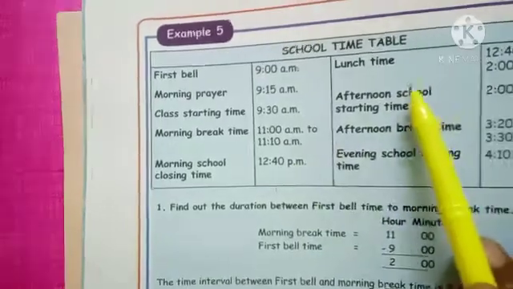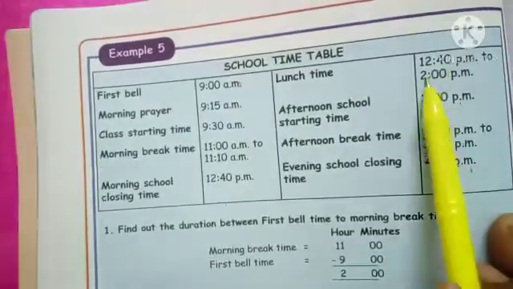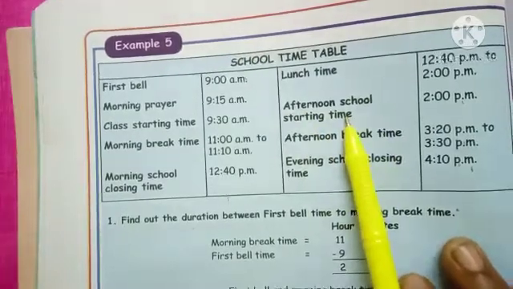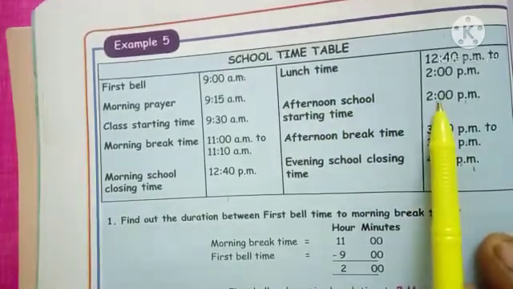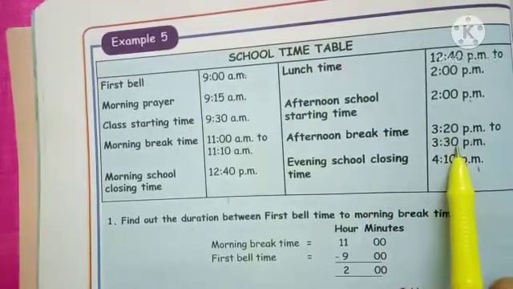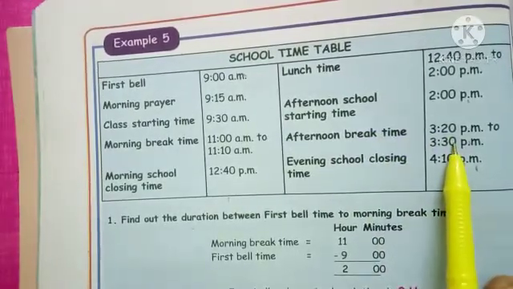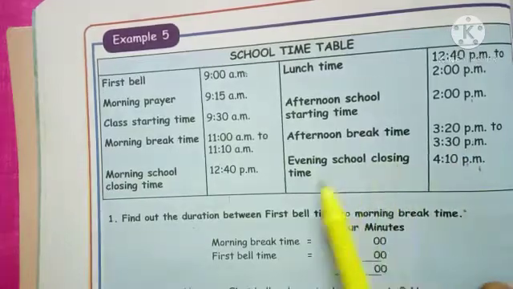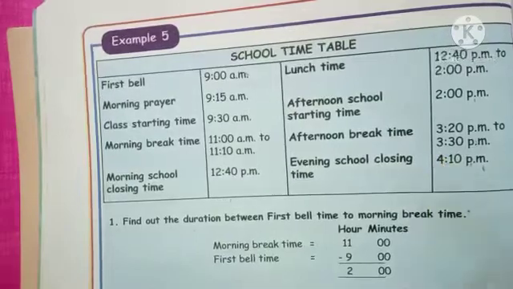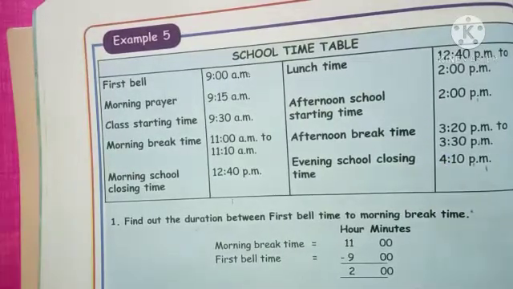Then next, lunch time is 12:40 to 2 o'clock. Afternoon school starting time is 2 o'clock. Afternoon break time is 3:20 to 3:30, a 10 minutes break. Then evening school closing time is 4:10 PM. So this is the timetable. The example is given here.